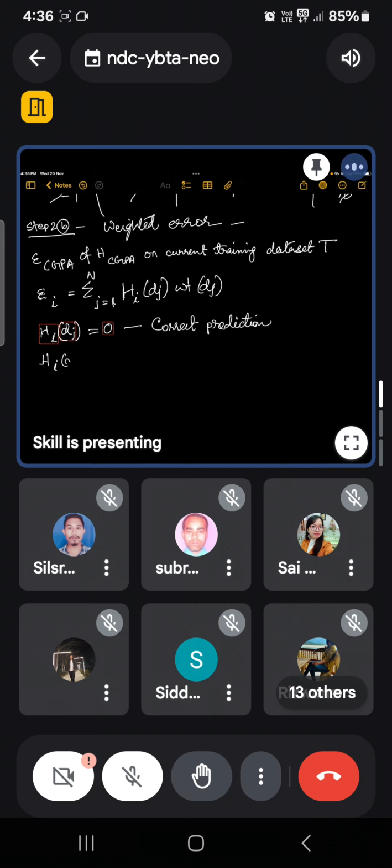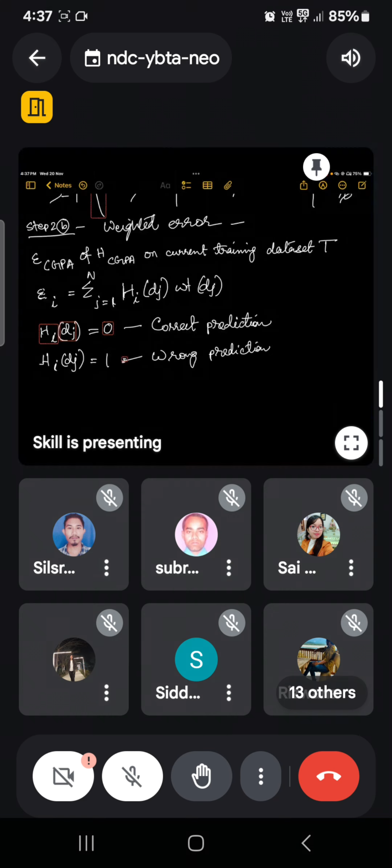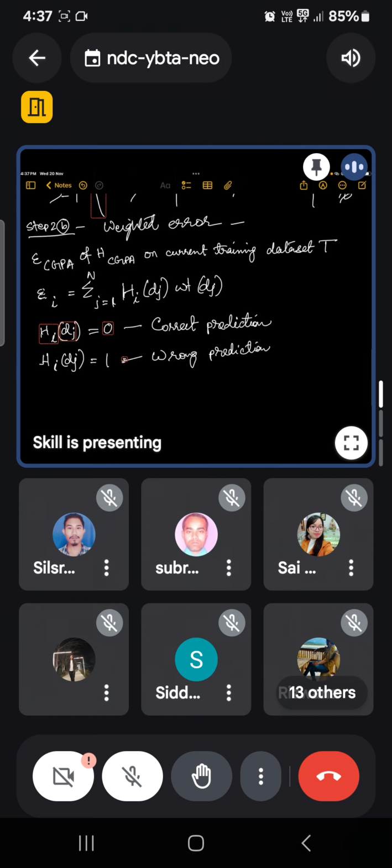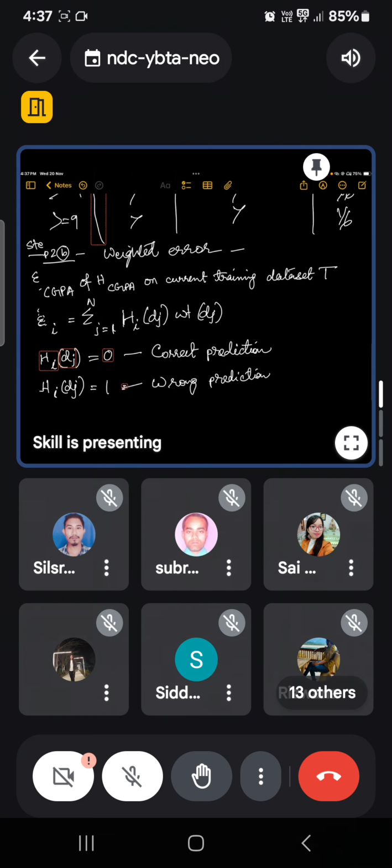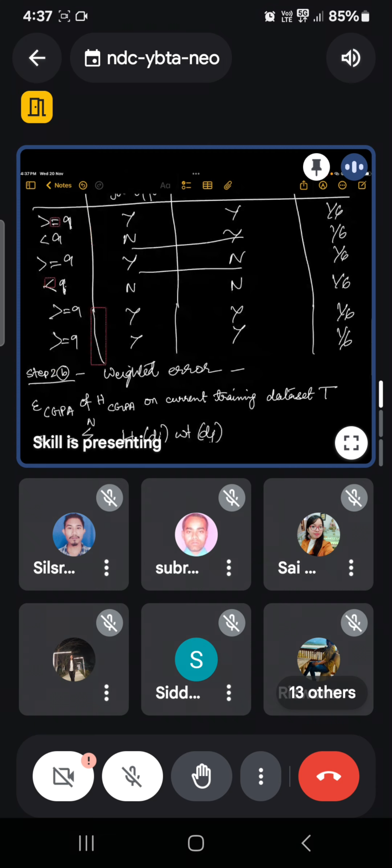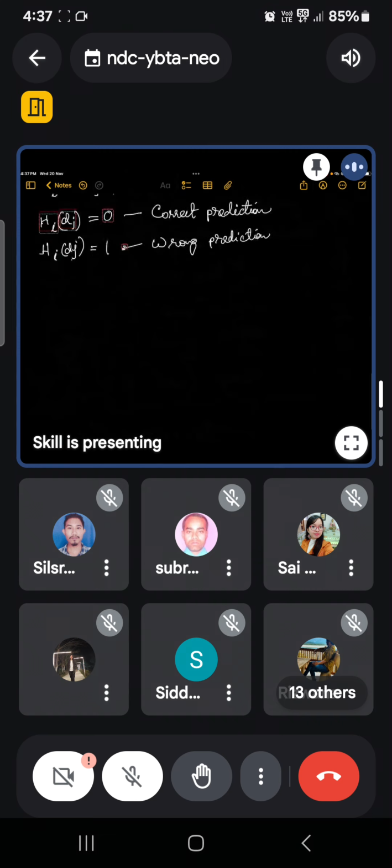If they differ, then it's a wrong prediction. I have shown you in this table where actual and predicted are not matching, so they are not correctly classified.